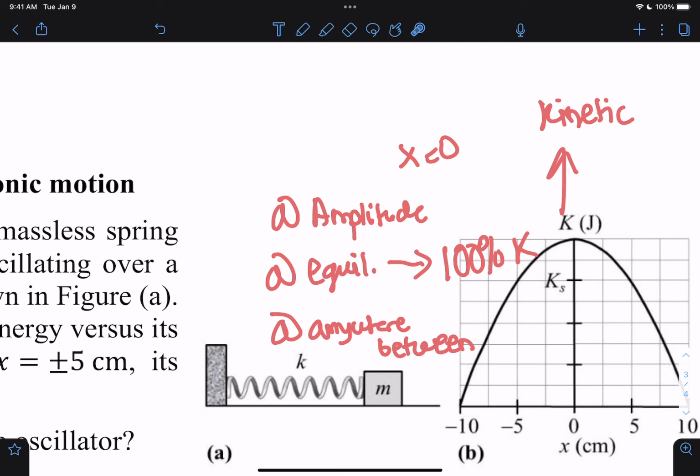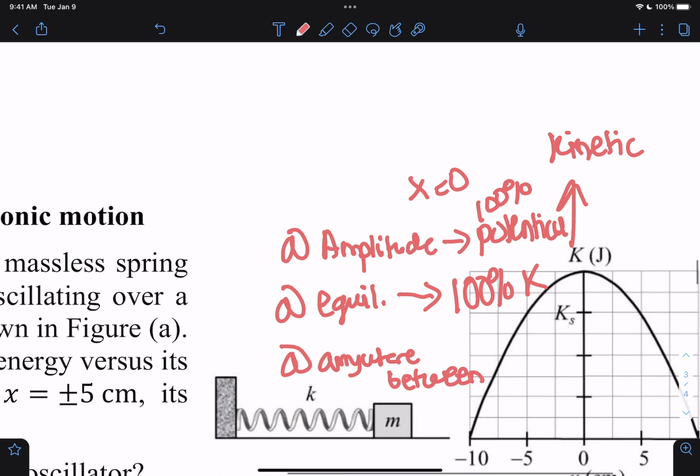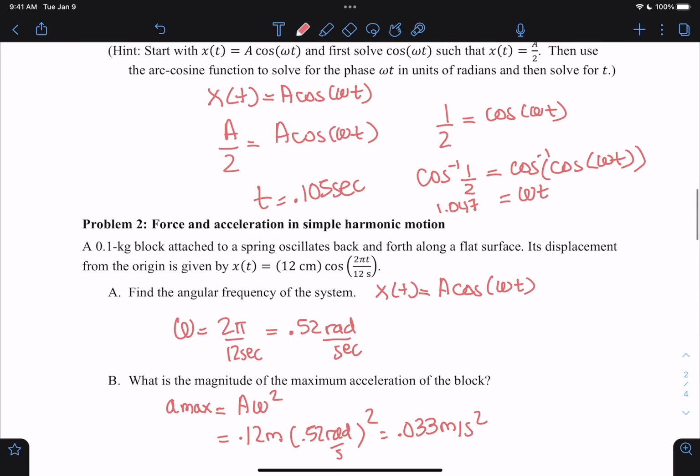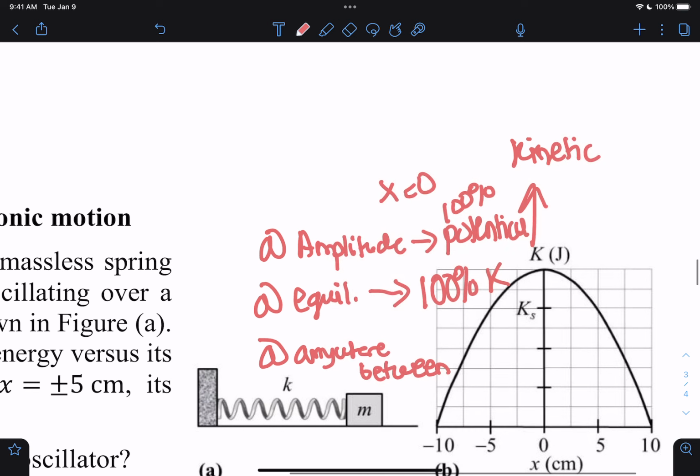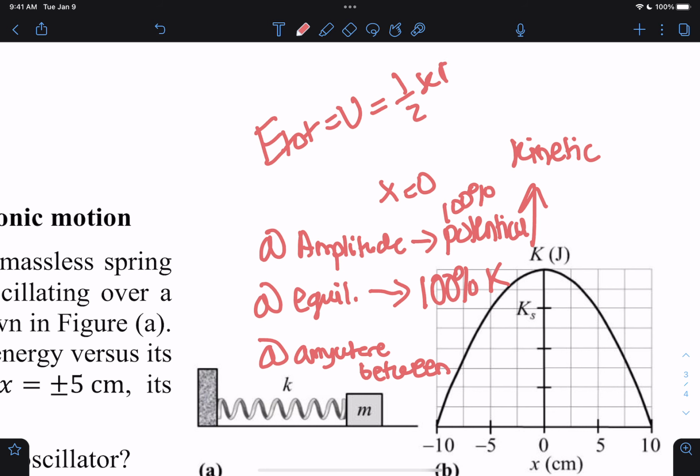It would just be potential, right? So they should all just be potential, 100% potential. So remember, at the peaks, for your amplitude, your potential energy at that point, or your E total, would be made up of all potential, no kinetic, and that's equal to half k a squared, remember?